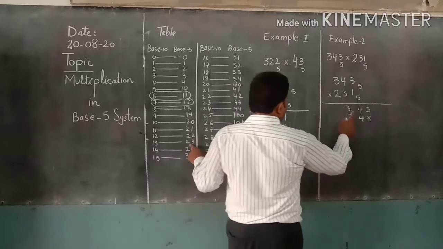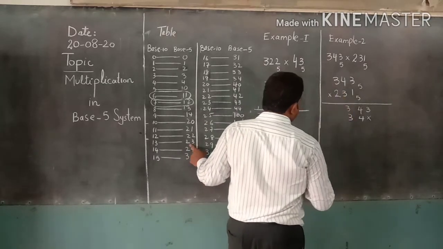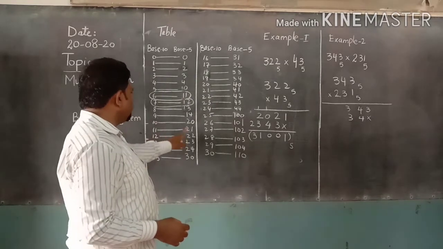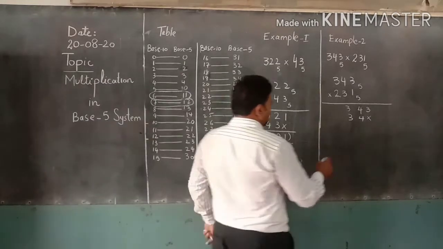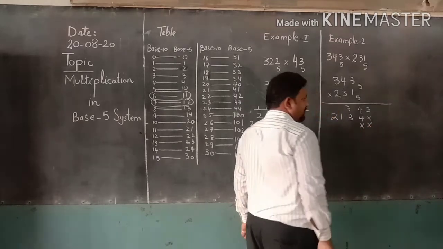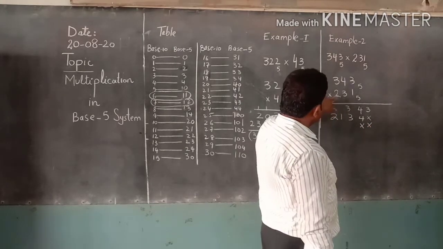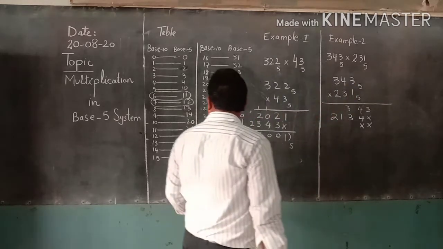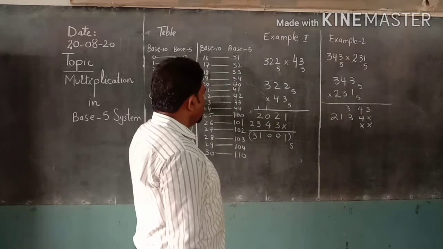The next number: 3 times 3 is 9, 9 and 2 is 11, and 11 is equal to 20. We will write 20 here. We will take the next number. 2 times 3 is 6, and 6 is equal to 11.